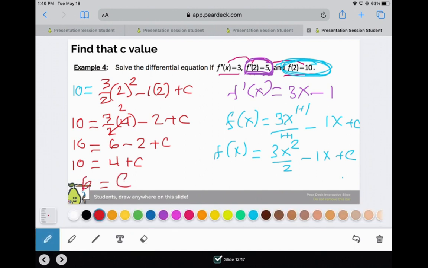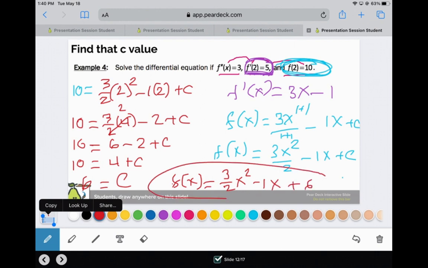6. Okay, so now the original function that I started out with is 3 over 2 x squared minus 1x plus 6. So all of what you're going to work on is going backward and finding that c that was missing. That was missing from last class.